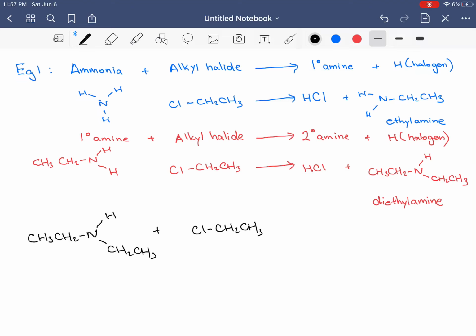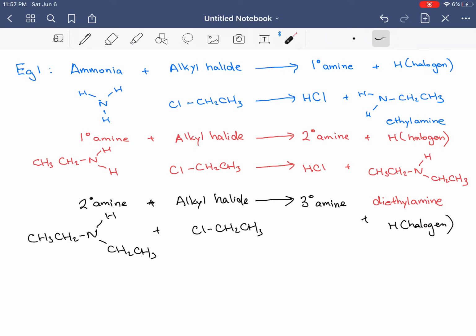Another chloroethane. So you have a secondary amine reacting with another alkyl halide. Now, by patterning, you can see that you're going to get a tertiary amine plus another H halogen.